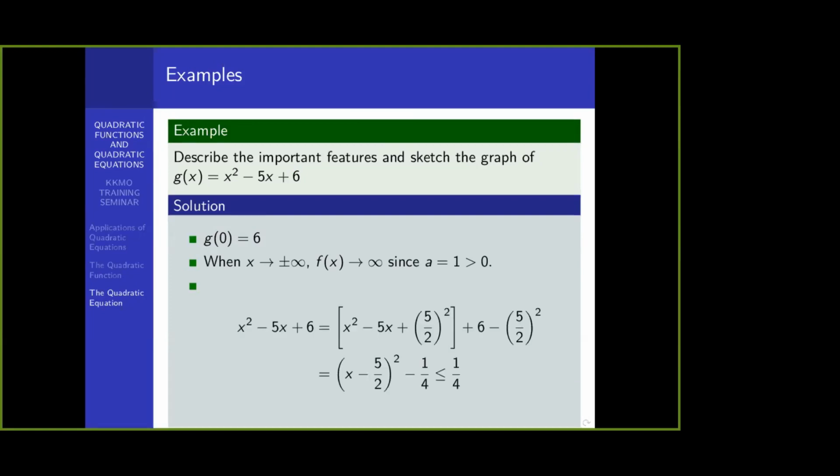If we put it in this form, I think this is correct. This should be greater than, I think.